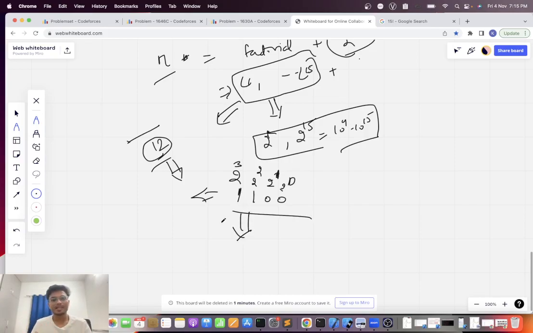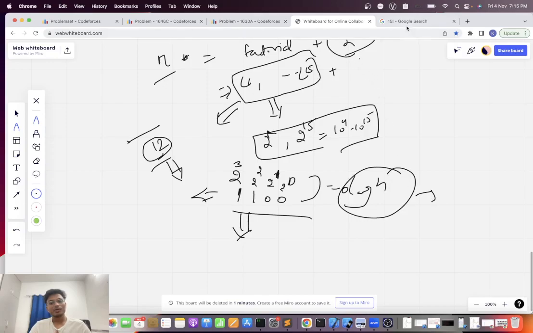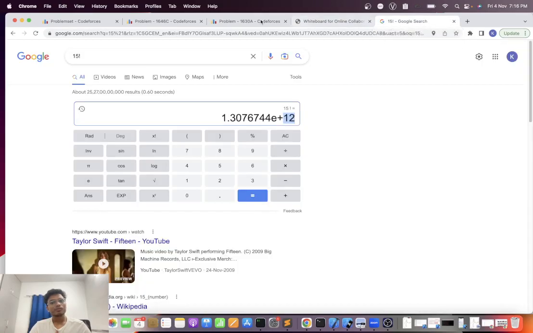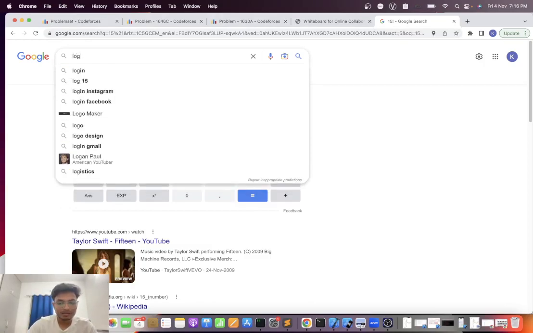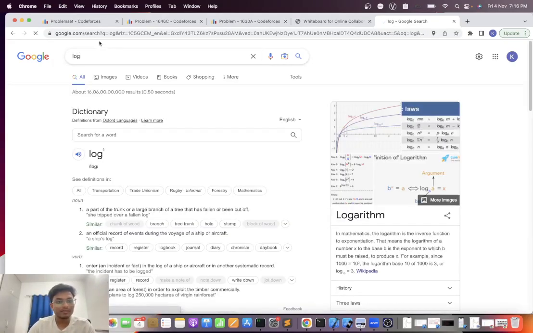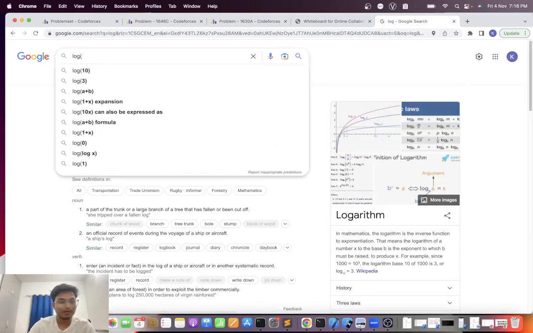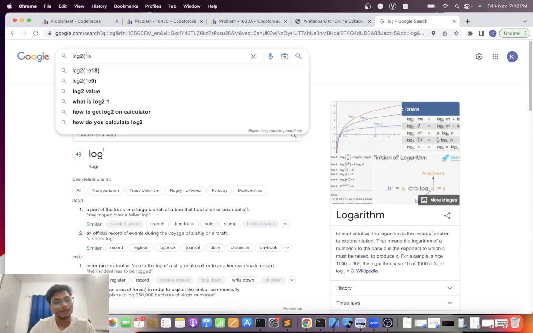Yeah, simple. This can be done in log of n time, that is very simple. So for 2's power log of 10 to the power 12, sorry.